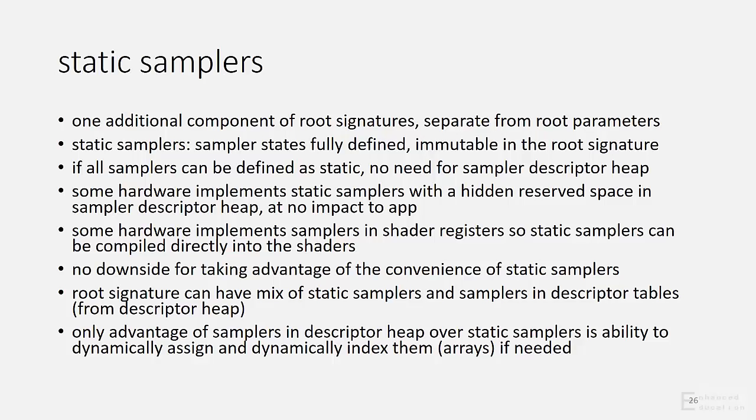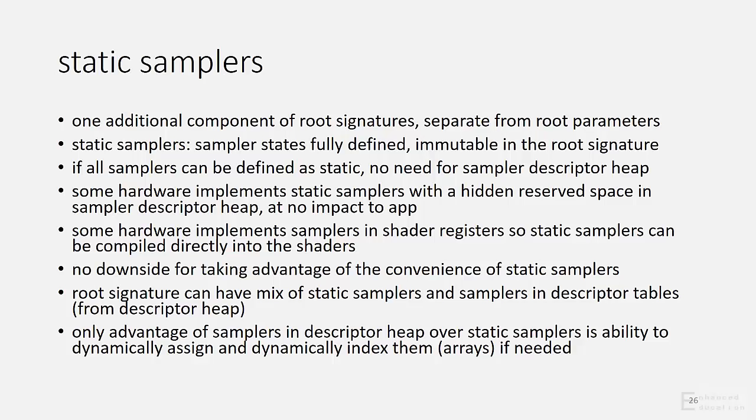The case for having descriptor heap samplers is that you might want to dynamically select which samplers you want to use with a given shader. But if it turns out that you know that your entire application, or at least the shaders for a given root signature, will only use some small set of samplers, you can just get away with defining them all statically.